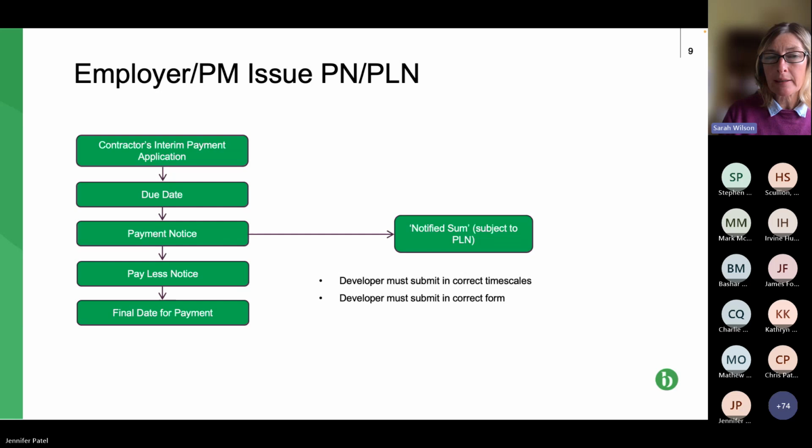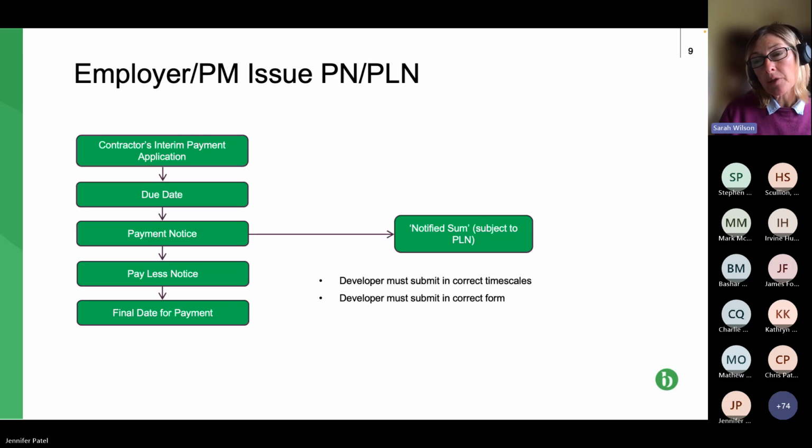And this is where it can get confusing. To be frank, if you're operating on NEC unamended or JCT unamended, then you will be compliant with the Act. But some bespoke contracts end up being non-compliant, and sometimes amendments to the standard forms result in non-compliance.